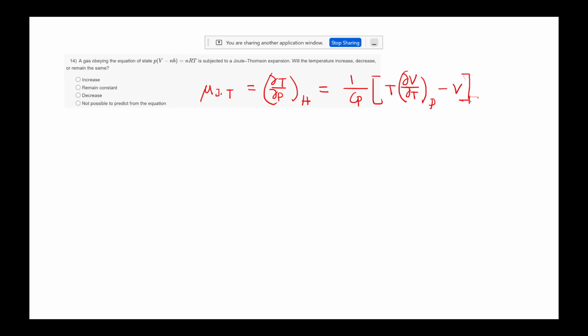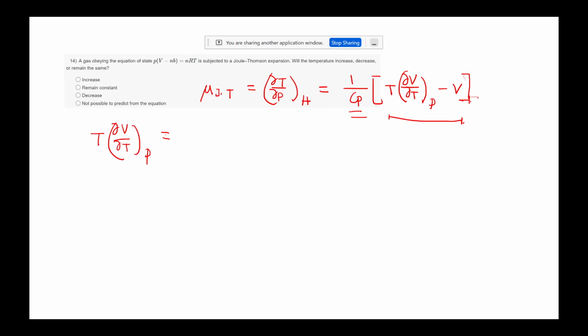Okay, and Cp is greater than 0. Only this expression we have to calculate. Can you do this, Sachin? T dV/dT at constant P, this expression, can you calculate it? I can give you one hint.